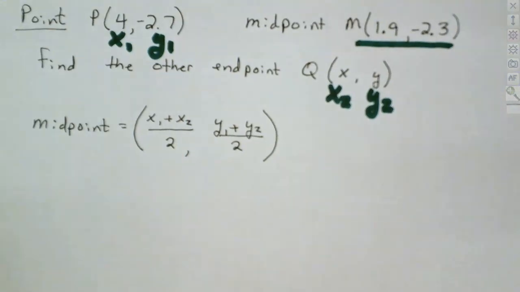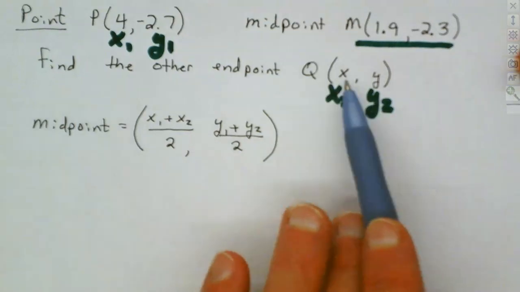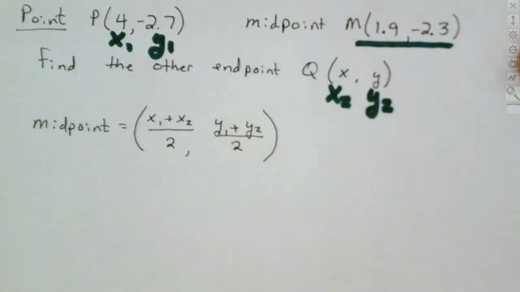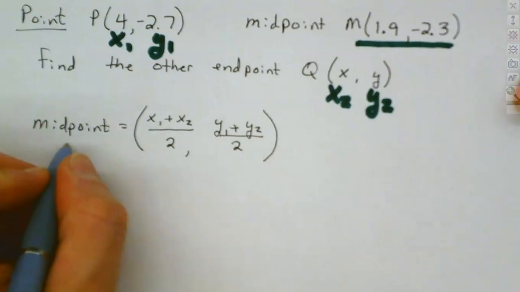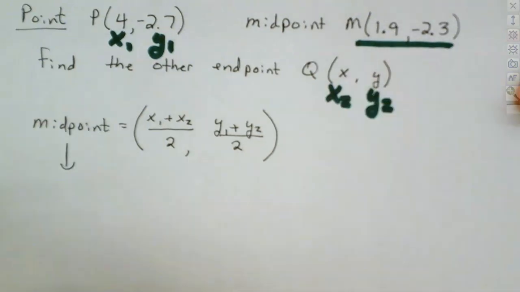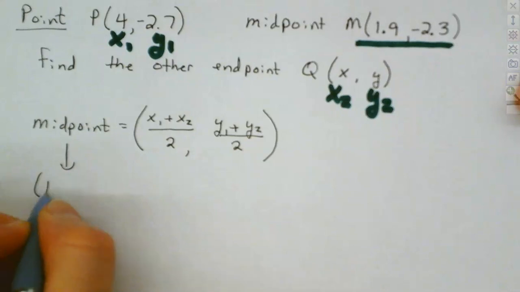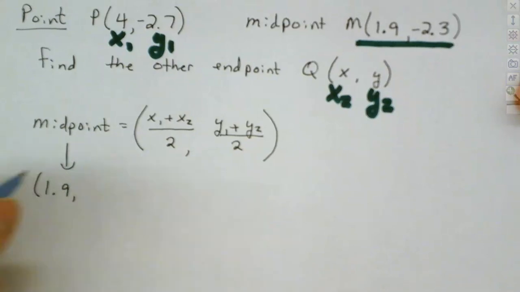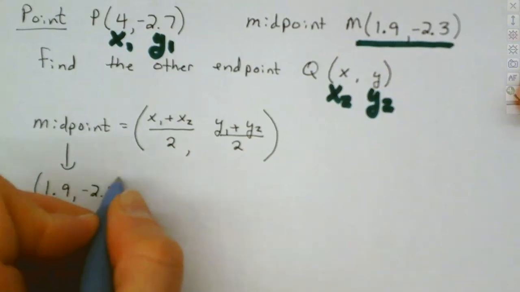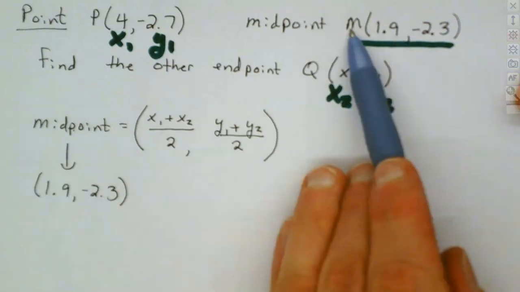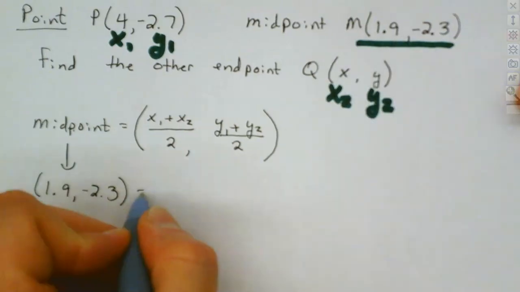Now, X1 and Y1, we can plug those in. Those are numbers, but x2 and y2 are unknowns. They're the variable x and y. Now, what do we know about the midpoint? Well, the midpoint is right here. And the midpoint is 1.9, comma, minus 2.3. That is your midpoint. M represents the midpoint.